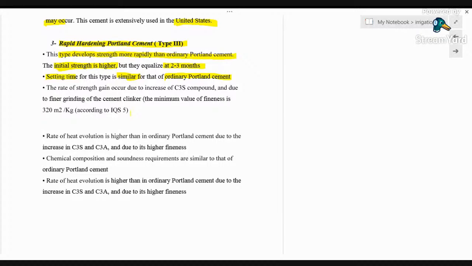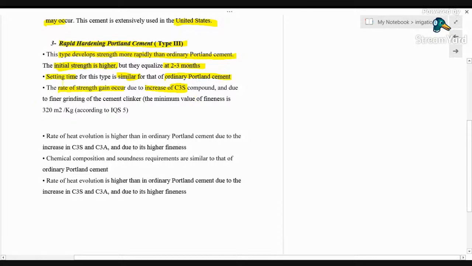If you want the strength to be more at a later stage, after some period of time, then you increase the C2S. But if you increase the amount of C3S, the initial rate of gain of strength will be very high. So the rate of strength gain occurs due to C3S. C3S is tricalcium silicate.